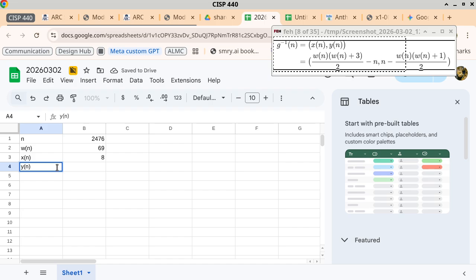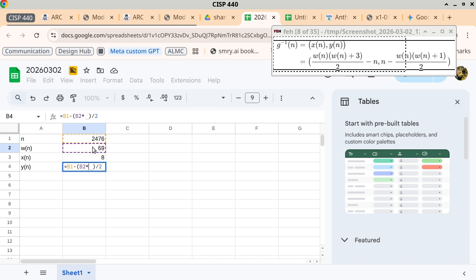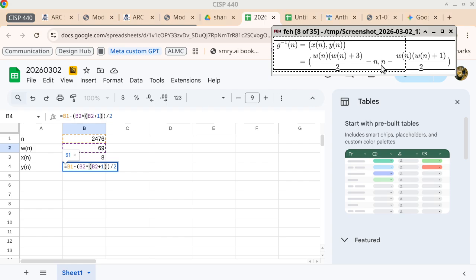So now we try to figure out y, and y equals this number minus something divided by 2, and inside that something is going to be 69 times 69 plus 1. No, I did it correctly.